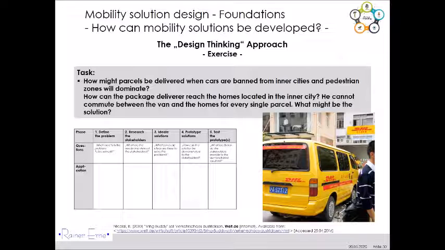This is also a real life exercise from logistics, because DHL is thinking about how parcels could be delivered when a scenario is realized where cars are banned from inner cities, and the vans they usually use in order to deliver parcels are not allowed to enter the inner cities anymore. So this is the problem statement. How can you deliver parcels when vans are not allowed to enter the inner cities?